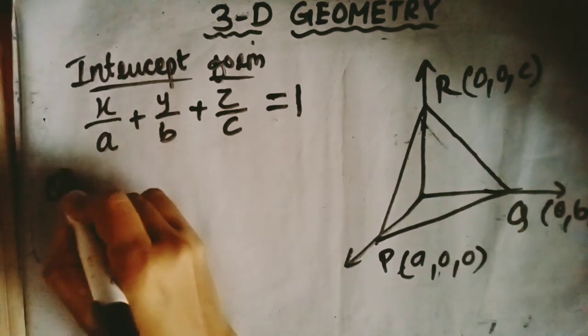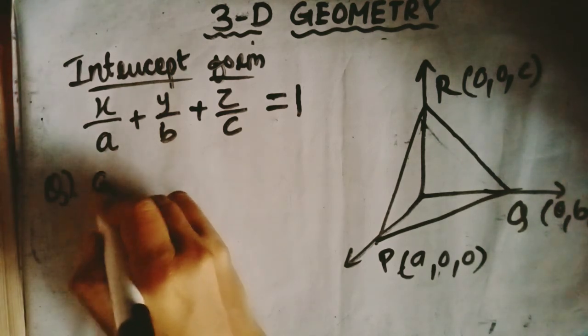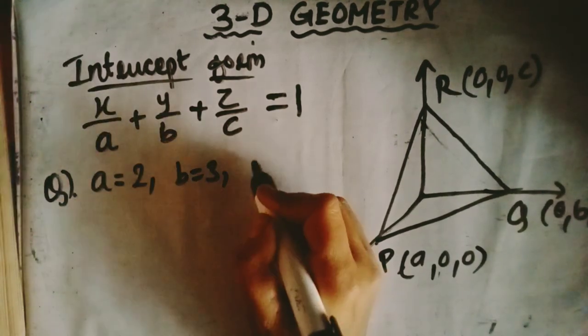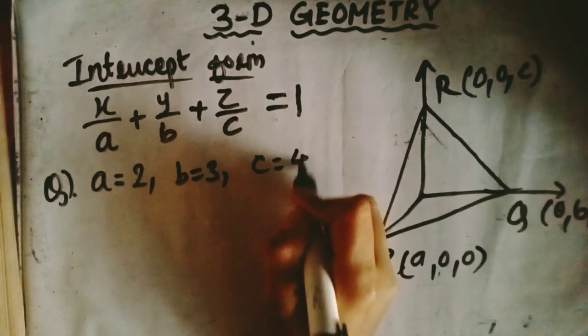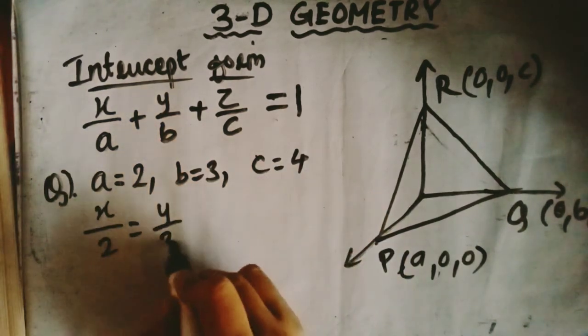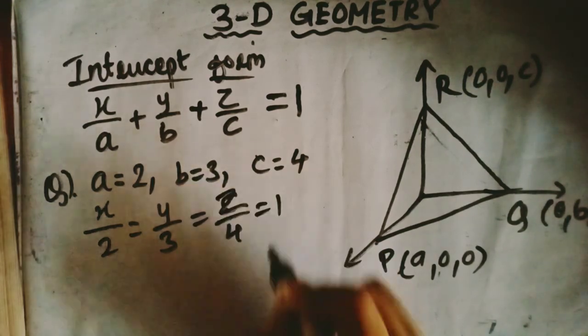Now suppose you have to find the equation. Suppose the question is: find the equation of the plane with intercepts 2, 3 and 4 on the x, y, z axes respectively. Here the intercepts are directly given, 2, 3 and 4. So directly you can write x/2 + y/3 + z/4 = 1.